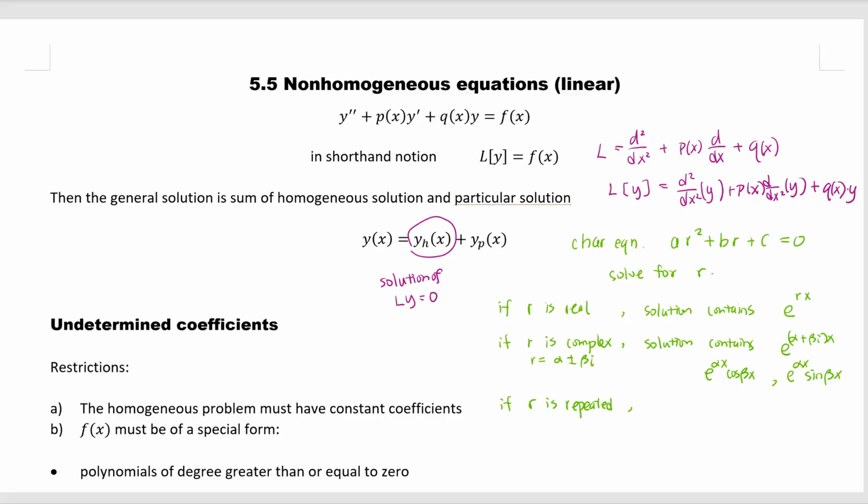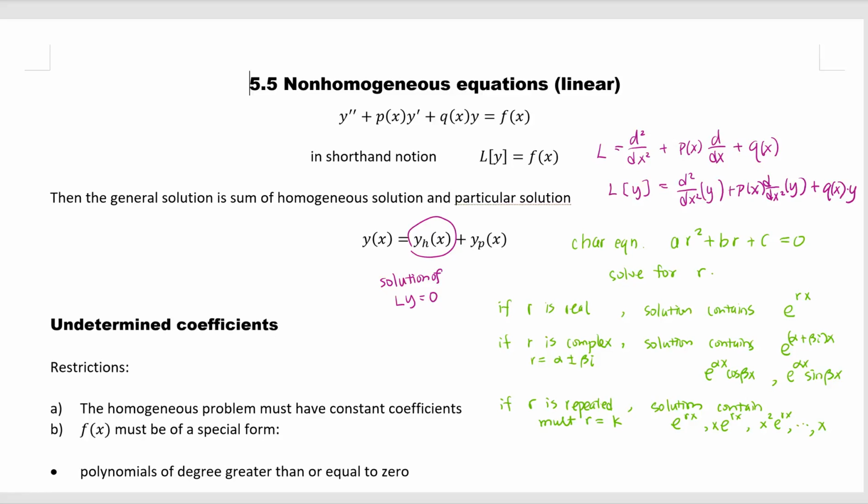Repeated means it could be a real root or it can be a complex root. So if it's repeated, let's say the multiplicity of r is k, then the solutions will contain, you start with the original, let's say if you have a real root, you have the original and you multiply by x until you reach the multiplicity.